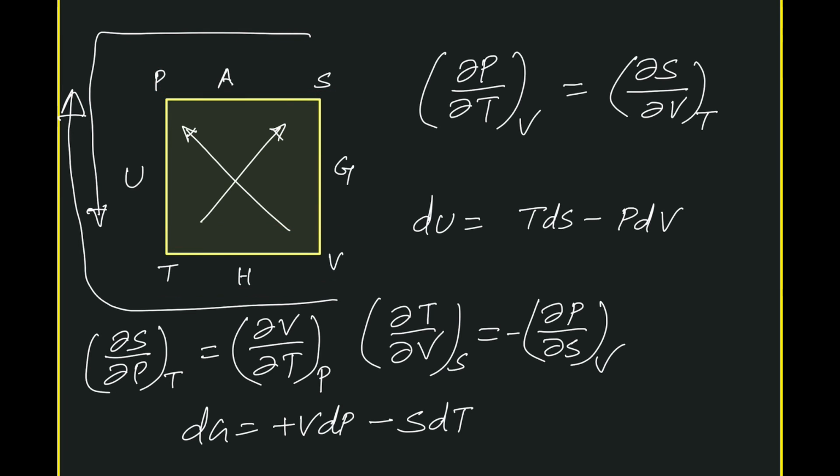So whenever you connect this top and bottom, have a negative. Fine, no? So this relation corresponds to the Maxwell of dG.